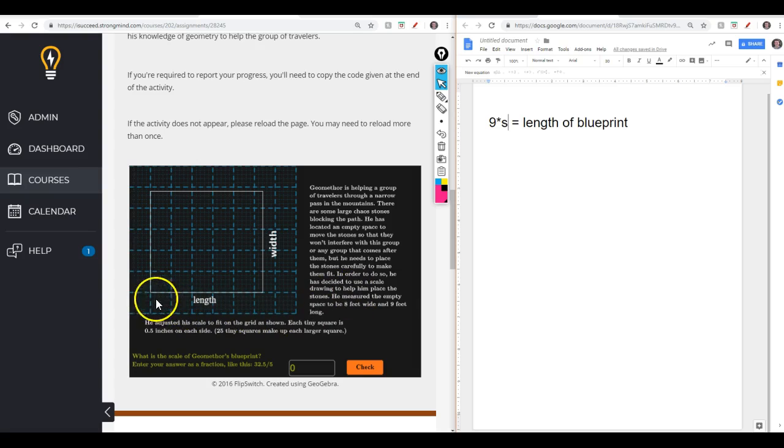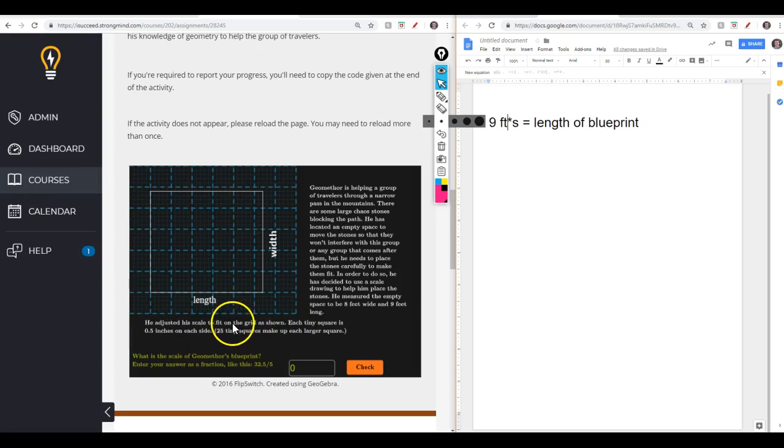And the length of the blueprint is, I'm going to count, and remember that each one of these that I count is a half an inch. It's 9 feet. So this length is 1, 2, 3, 4, 5, 6. So there's 5, 10, 15, 20, 25, 26, 27 of the tiny grids, and each is a half an inch.